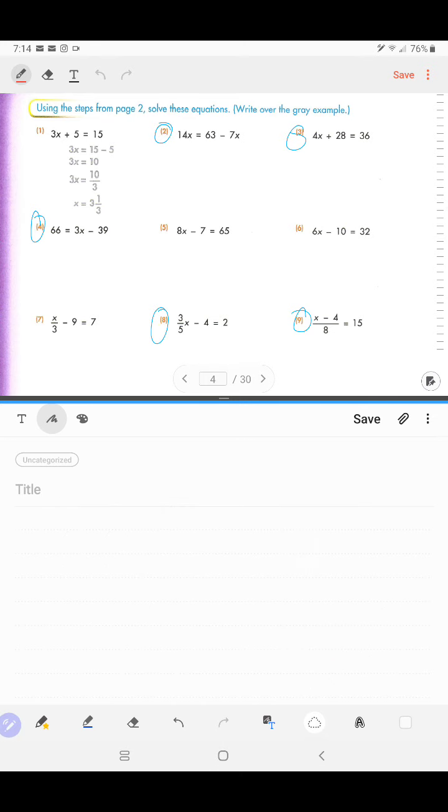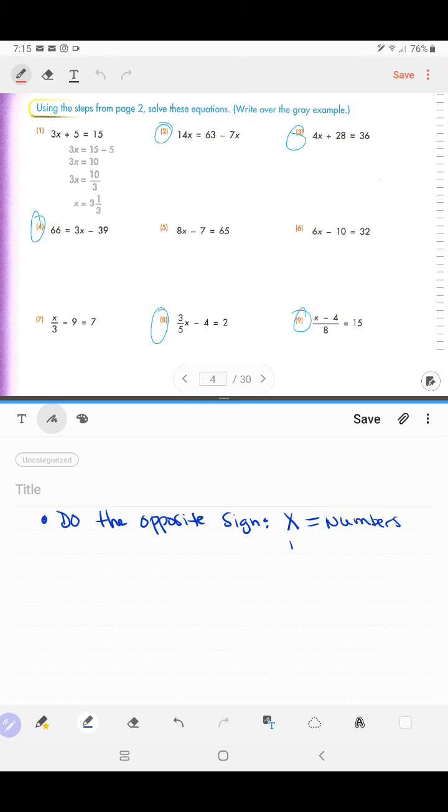Okay, so next are two-step equations. So 2 rules I want you guys to have, or 2 helpers, is do the opposite sign, and x's equals numbers.